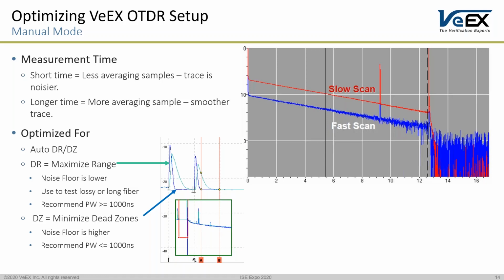But if you optimize for dead zone, it will have a higher noise floor, but you'll be able to limit your dead zone. If you look at the picture of those two events where I have those two arrows, you can see that the green trace is optimized for dynamic range, and the blue trace is optimized for dead zone. The blue trace produces less dead zone, so you should be able to see events closer together.